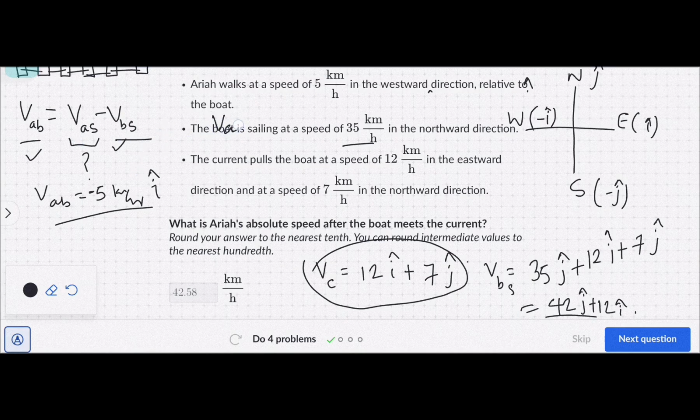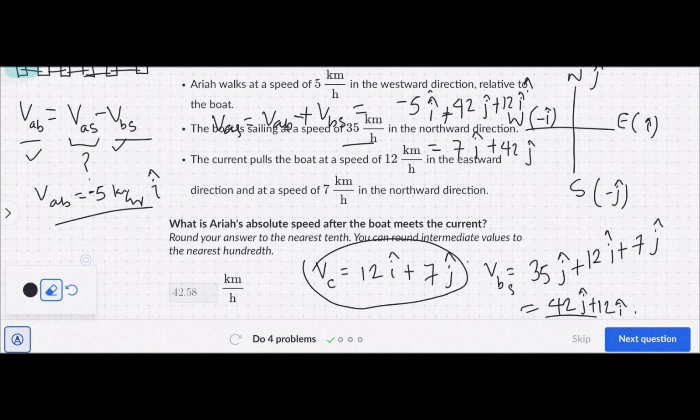V_AS is equal to nothing but V_AB plus V_BS. What is V_AB? Minus 5 i cap. What is V_BS? This is 42 j cap plus 12 i cap. So this is nothing but 7 i cap plus 42 j cap.